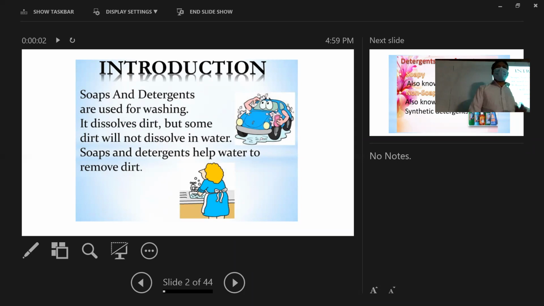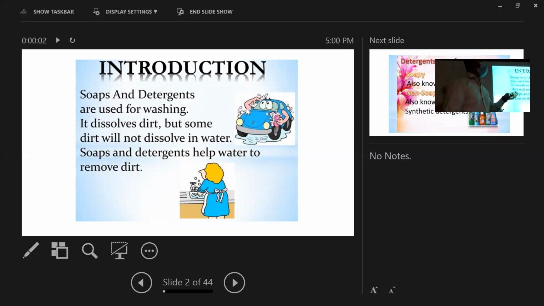All of you are familiar with this, because every time you go home or come to campus nowadays, you need to use soap. Previously we didn't have to use soaps on our campus, but nowadays very often we need to. So we will learn how it works, what the types of soaps are, and what the components are.